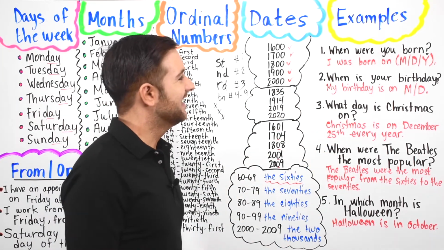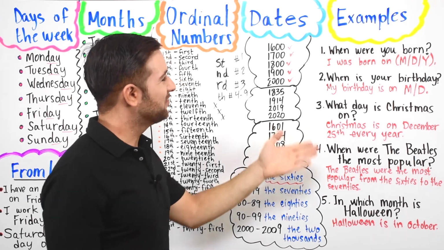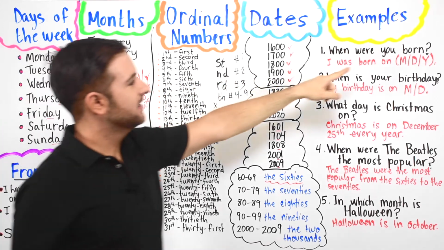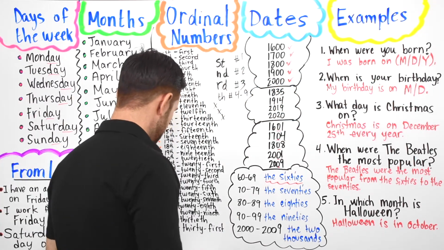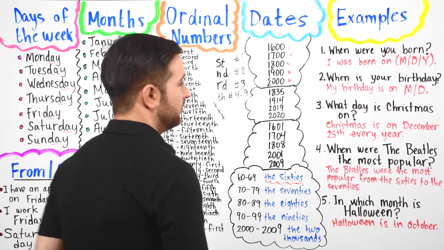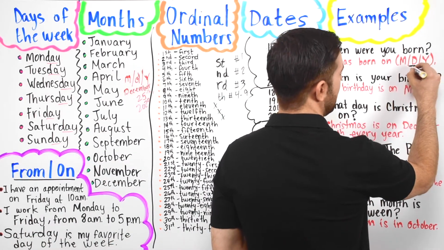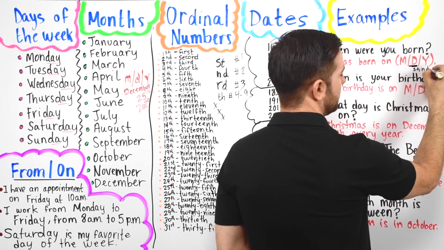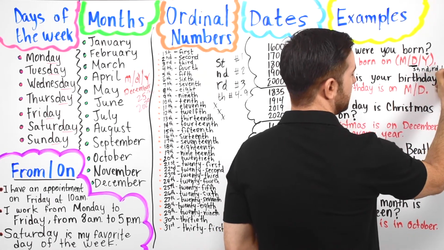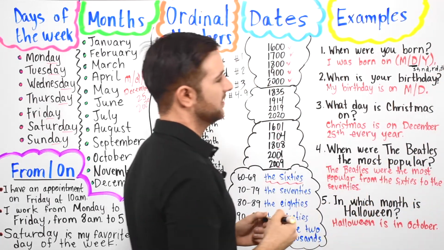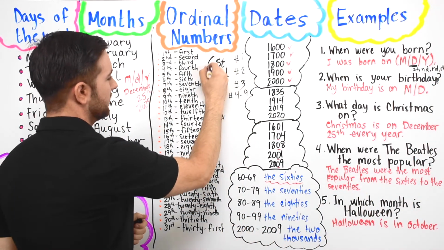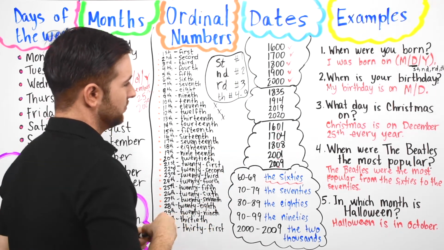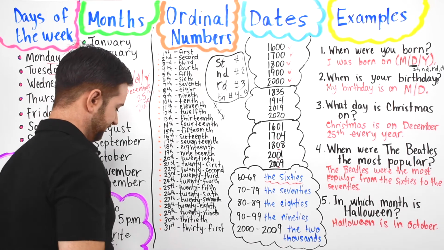Or I was born on April 6th, and then you choose the year. Remember, when we choose the day, you have to use ST, ND, RD, or TH when you give the number, just like how we did it right here. You have to do the same thing when you use the dates, okay?